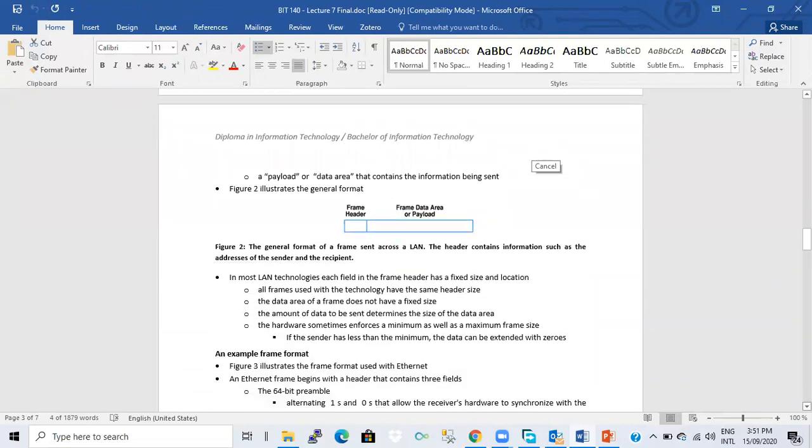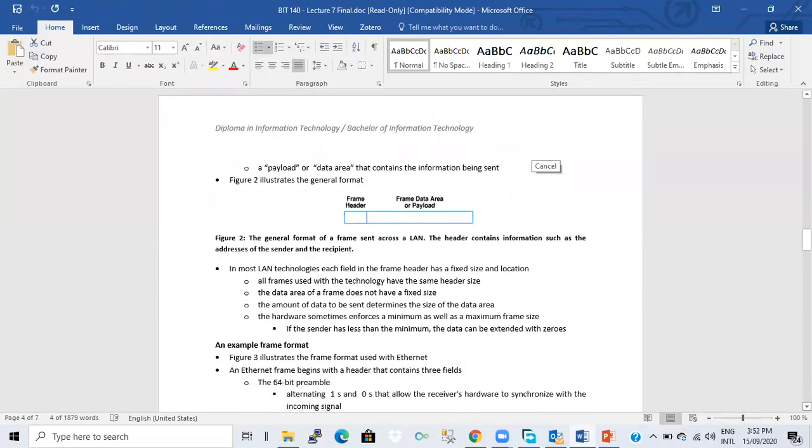In your notes, you'll find figure 2, which illustrates the general format of a frame. A frame will have a frame header, as well as a frame data area or payload. The frame header is where you find things like destination and source hardware address. And if you are sending, let's say, a text, this is where your payload or your data will be.